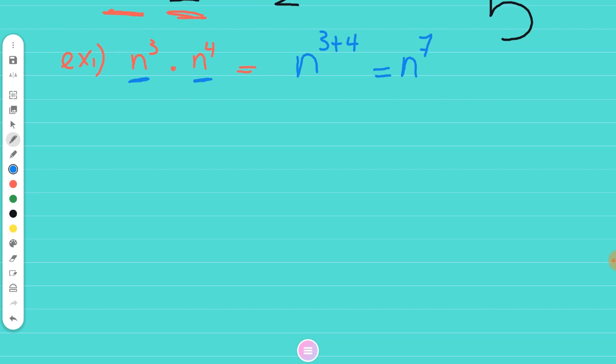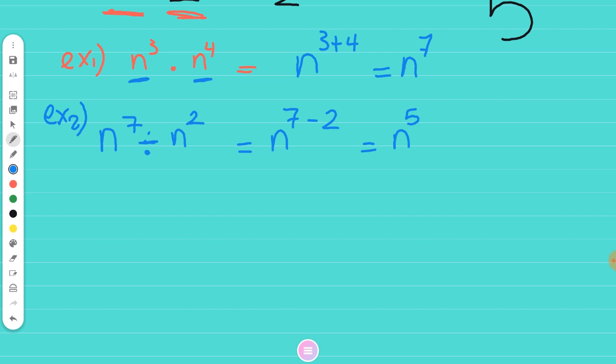If I have a number like this, n to the power 7 divided by n to the power 2. Okay. In case of division, we're doing what? It will become n to the power 7 minus 2, which is equal to n to the power 5.